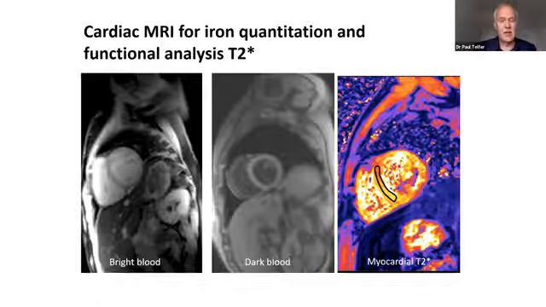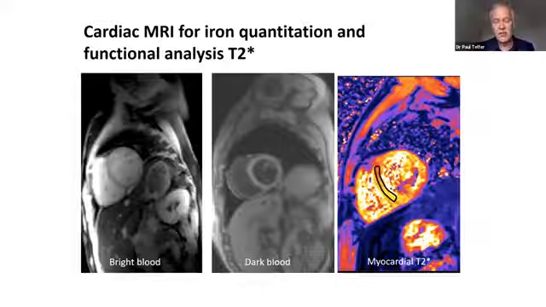And this is a methodology that is applicable on any scanner, providing that the right methodology is used and providing the scanner has been validated. And this enables, as I've said, a measurement of the myocardial iron. You can see on the right there that colored picture with the ring or the oval of black.